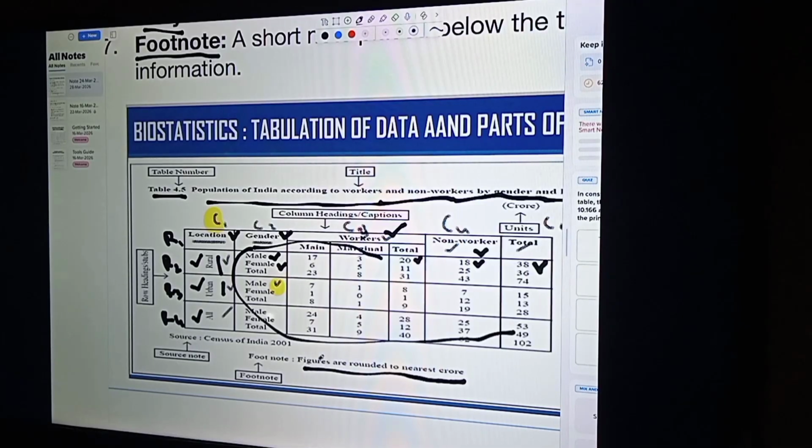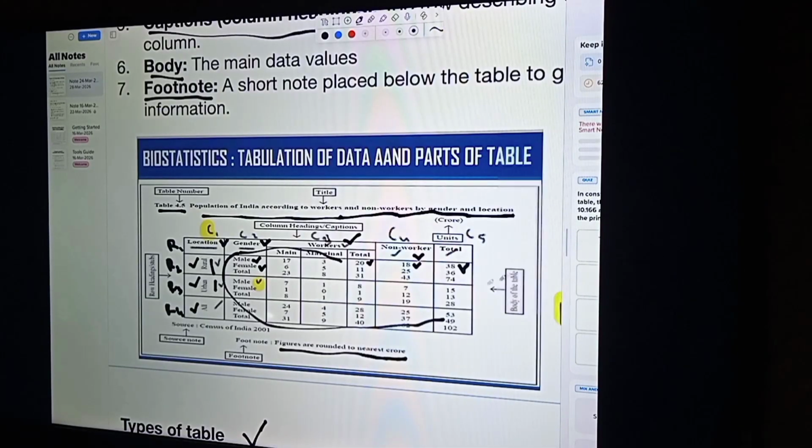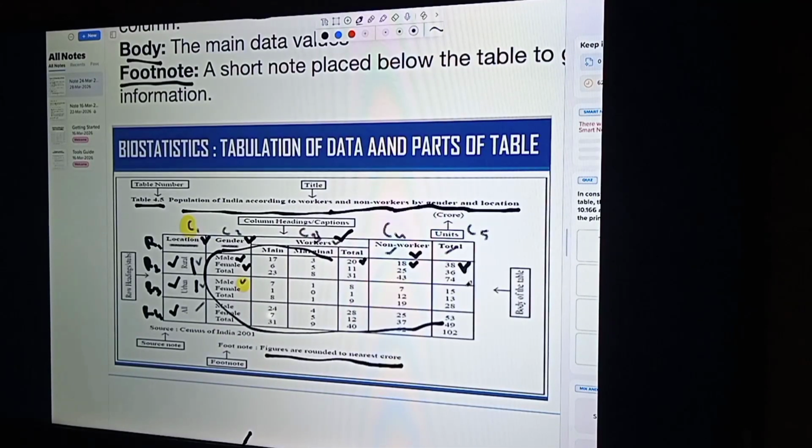Here the footnote says that figures are rounded to the nearest crore, meaning if information is given in decimals, then it is rounded off to the nearest value. Like there is 38. This 38 means 38 crore workers, and non-workers 18 are workers, 18 are non-workers, and 20 are workers.